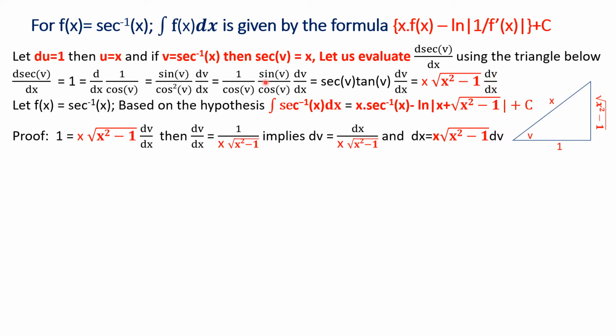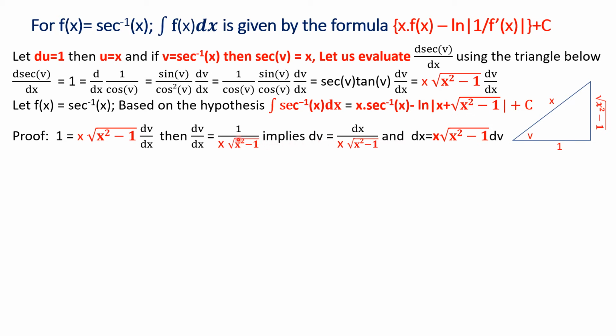So we can take 1 equal to this value, and since that is the case, we will solve for dv by dx, and we will get dv by dx equal to 1 divided by x multiplied by the square root of x squared minus 1, and this is actually the derivative of v, that means the derivative of sec inverse. And if we get the reciprocal of this, we will get what we just mentioned that we're going to explain. So that explains this value that we have right here.